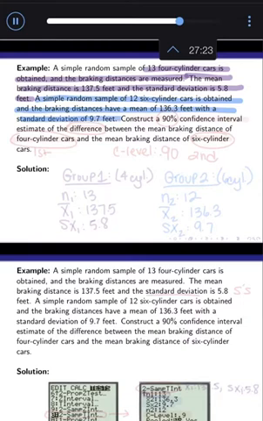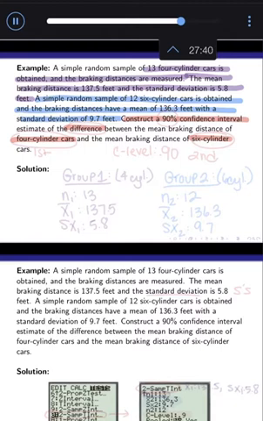And we'll construct a 90% confidence interval. Notice they tell us which one to use first and second because we're looking at the difference between the 4-cylinder cars and the 6-cylinder cars.